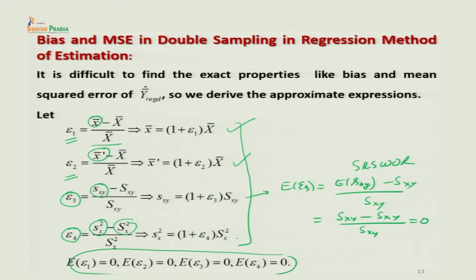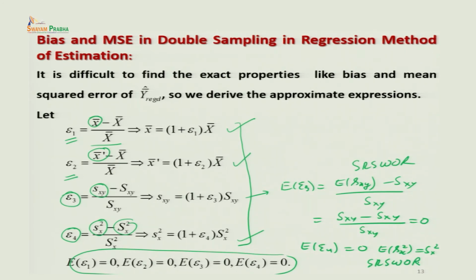Similarly, you can also show that the expected value of epsilon 4 is 0, because the expected value of small Sx square is equal to capital Sx square in the case of SRS WOR.